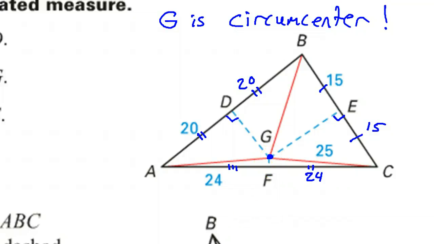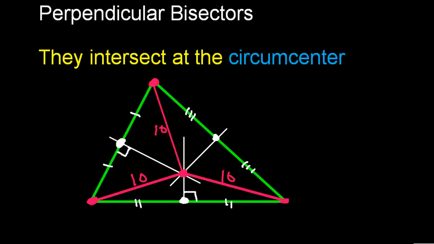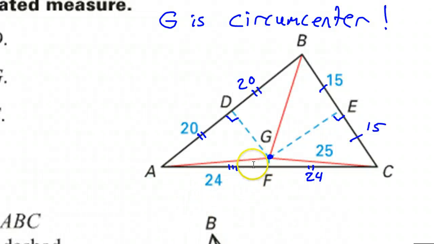And if G is the circumcenter, then the distances to the vertices should be the same, like 10, 10, 10, or 20, 20, 20, whatever it is. So in this case, these three red lines should all be the same, because these will be the radii of some big circle that we can't see. So if we find one of the red lines, then we found them all.